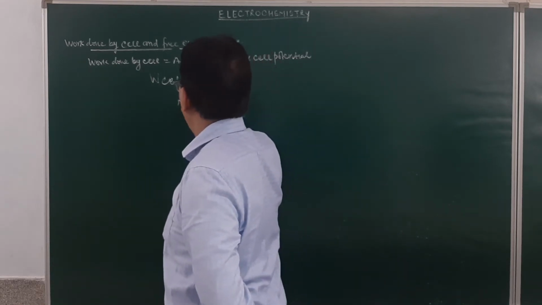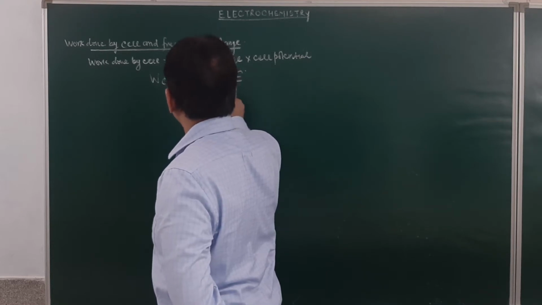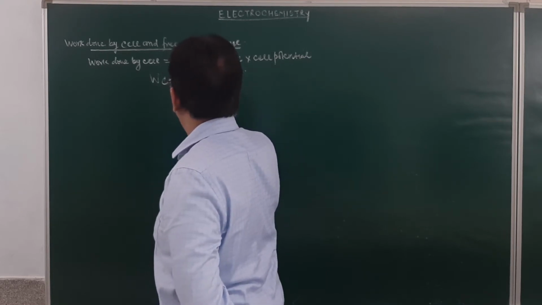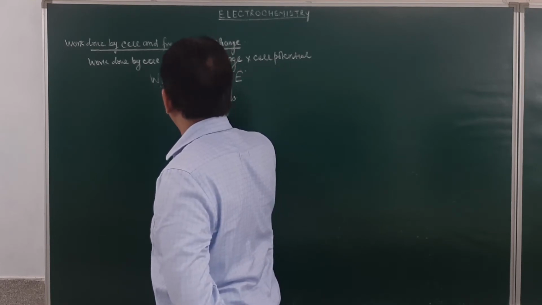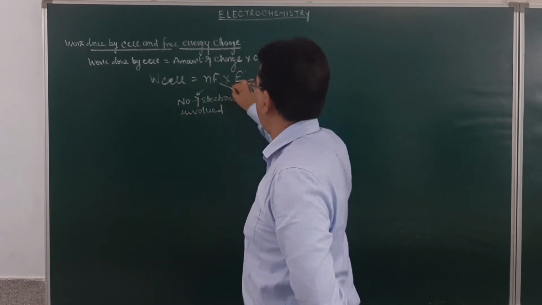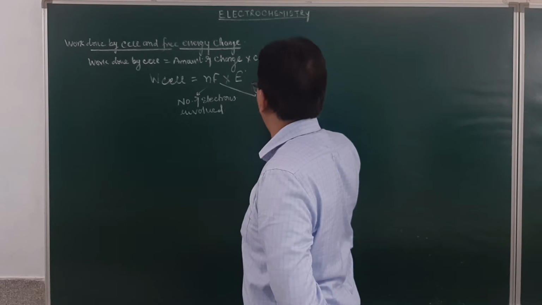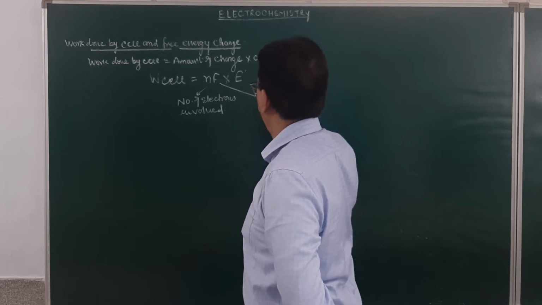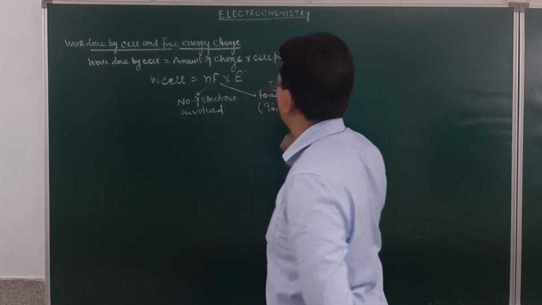What is N over here? It is the number of electrons involved in a redox process. F is Faradays of charge, and this will be 96,500 coulomb.